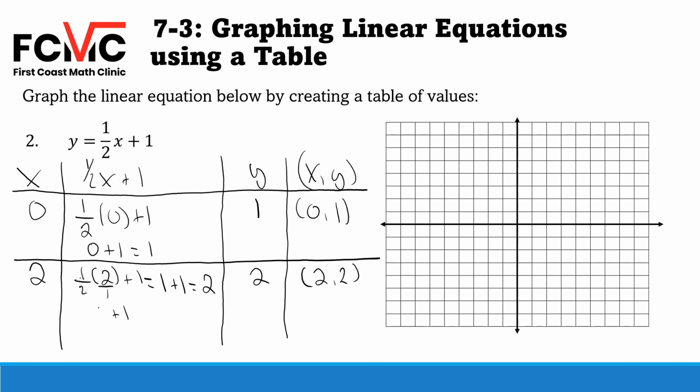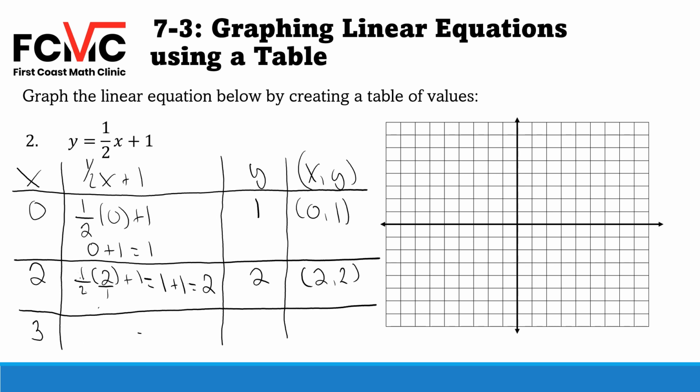So let's think. We want one other value. What would another good value be, right? So if we choose 3 and do 1/2 times 3 plus 1, then I'd have 3 over 2 plus 1, which would give me another decimal. So I really don't want to do that.